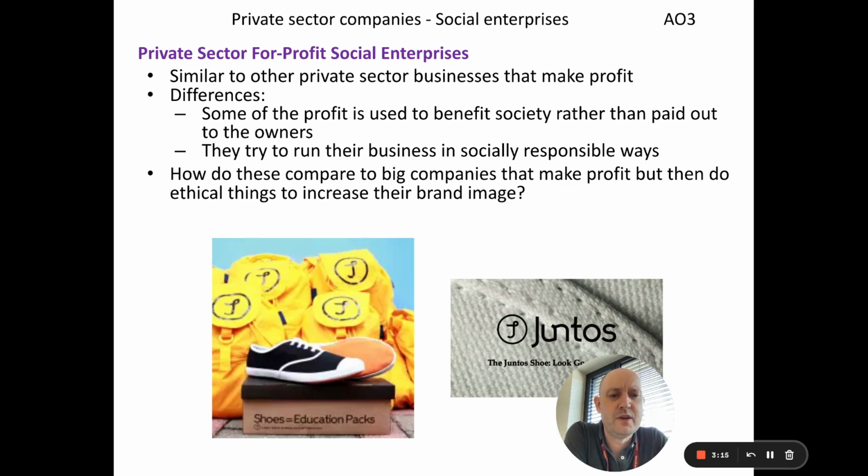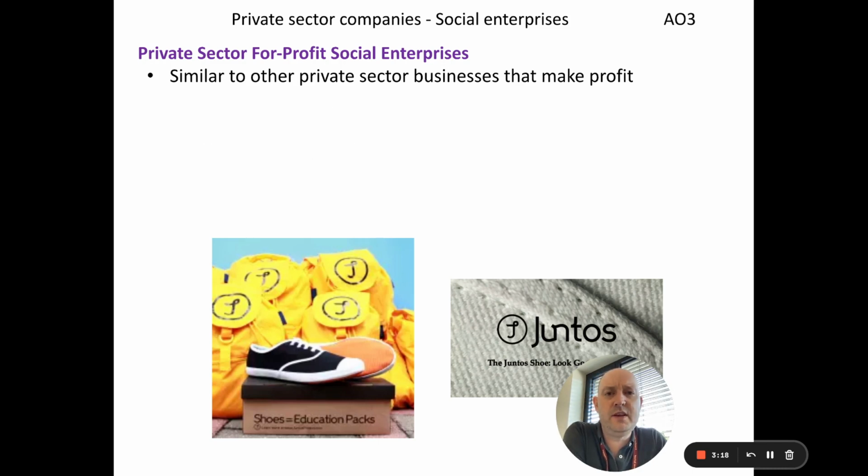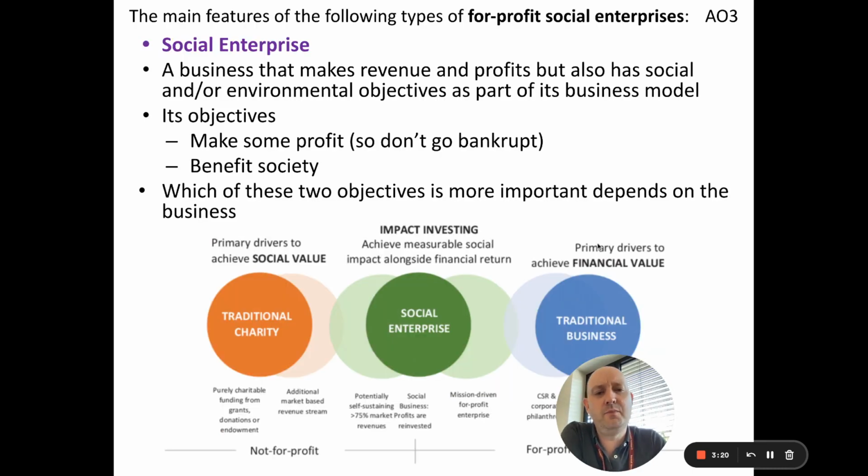It's difficult. If we go back to the previous slide, there are a lot of companies which are traditional businesses which are there to make money. But these days, consumers are demanding that companies become more ethical with their approach towards society and the environment. So they're now adding things to their business to make them move along this scale.